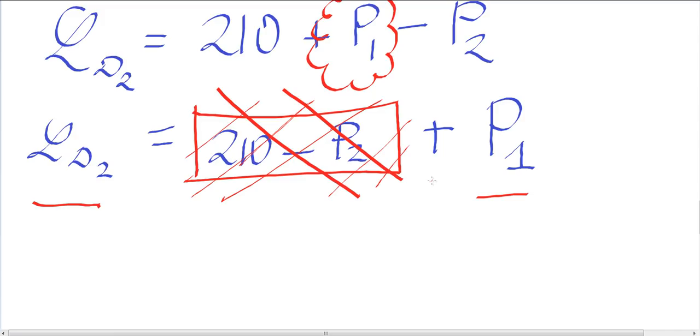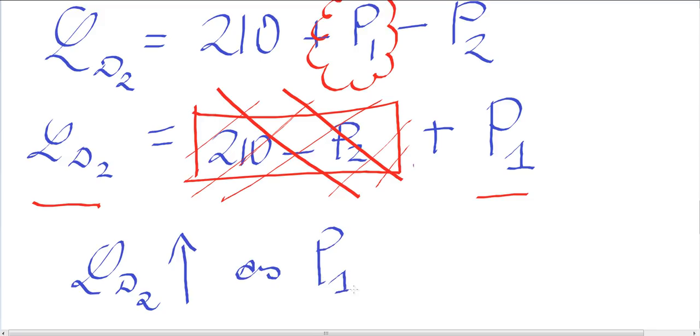And if there was a minus there, as P1 gets bigger, I'm subtracting a bigger and bigger value all the time, so the effect on Q would be that it's decreasing. But we have a plus, which means QD2 is increasing as the price of the other good goes up.